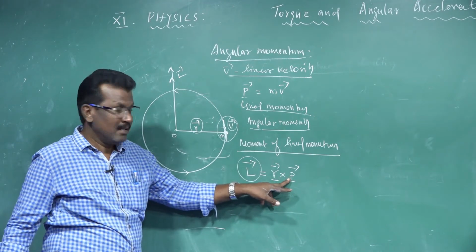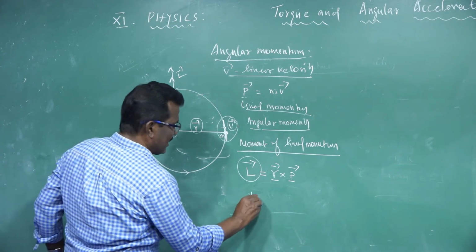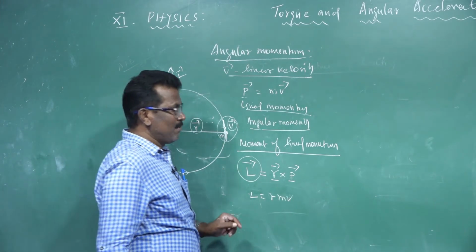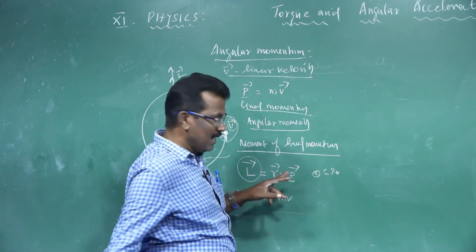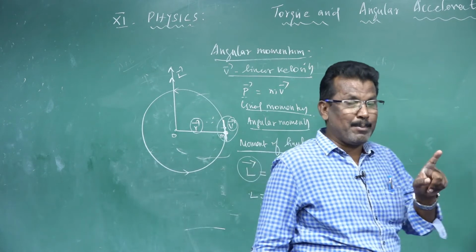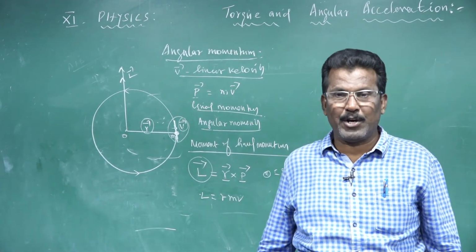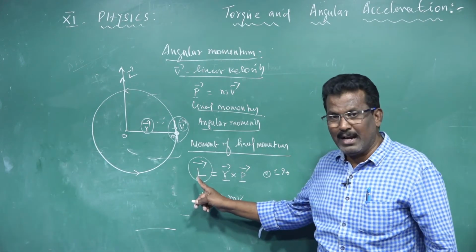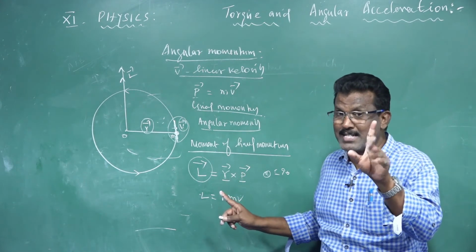P represents the linear momentum mv. So L is equal to r mv, if theta is equal to 90, the condition where r vector and p vector are perpendicular to one another. Only when theta is 90 is L perpendicular to both.